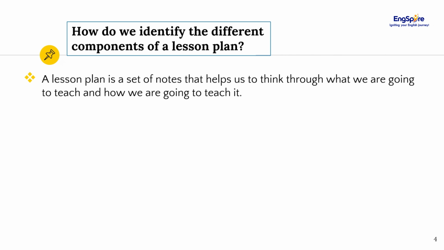As you know, a lesson plan is a set of notes that helps teachers think carefully about what they are going to teach and how they are going to teach it. It is not simply a list of activities.